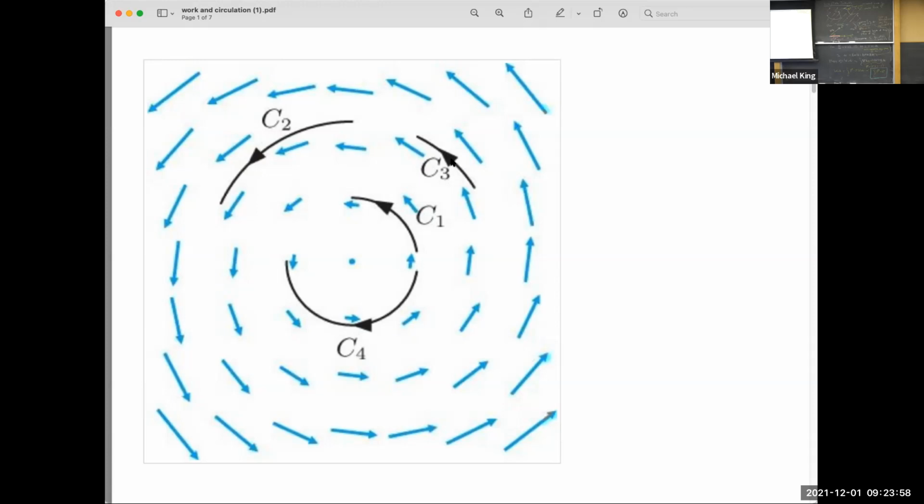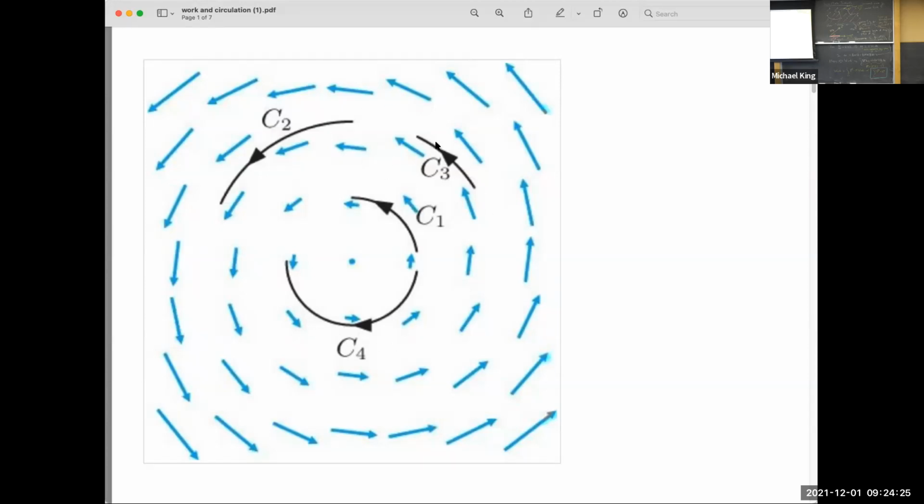So the dot product at each point is going to be positive, because remember, it depends on the cosine of the angle. Positive dot product means pointing the same way. Negative dot product means pointing the opposite way, because it's a greater than 90-degree angle. Those are the things you have to keep in mind. So the question is, what is the sign of all of these? Which ones are positive and which ones are negative?